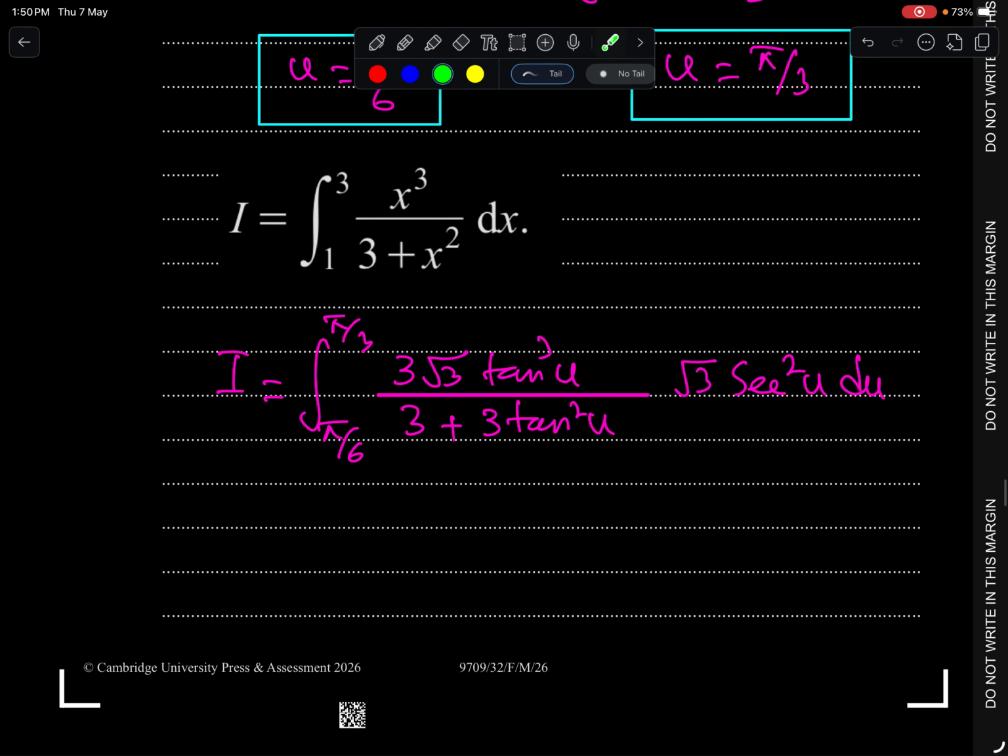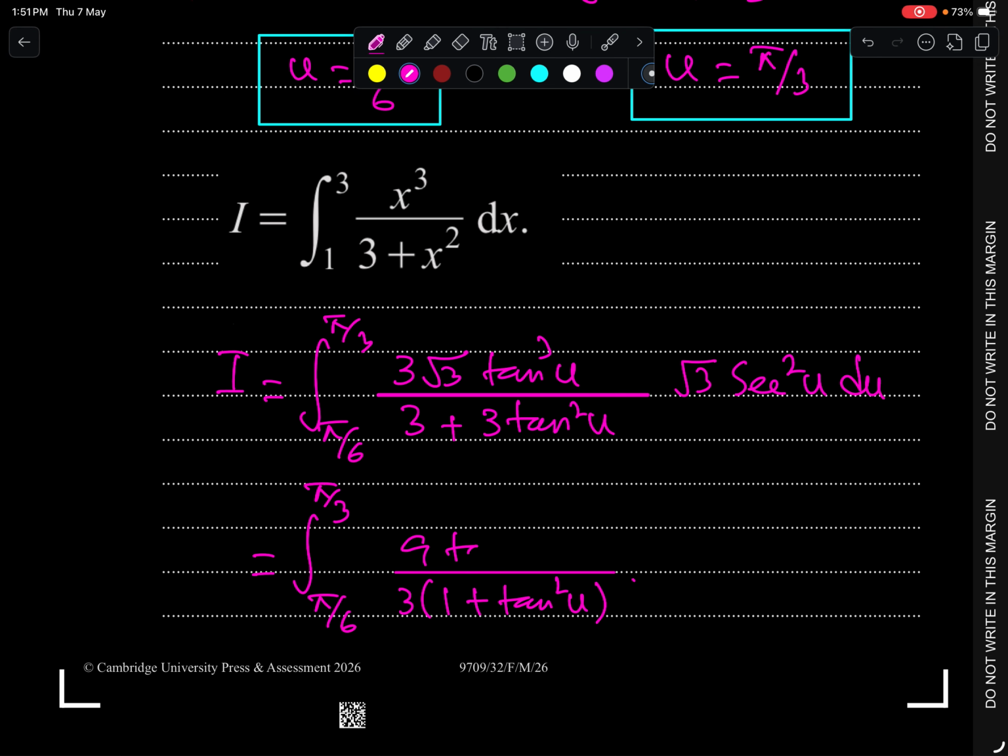Make sure you substitute everything very carefully, also dx as well. Now get its simplified form. Pi by 6, pi by 3, now take 3 common from the denominator, so we have 3 (1 plus tan square u). See, when we multiply this root 3 with this, we will get 3, so 3 times 3 is 9, tan cube u sec square u du.